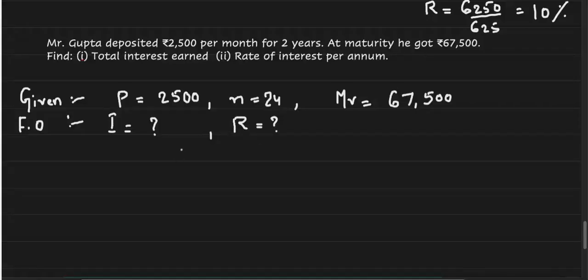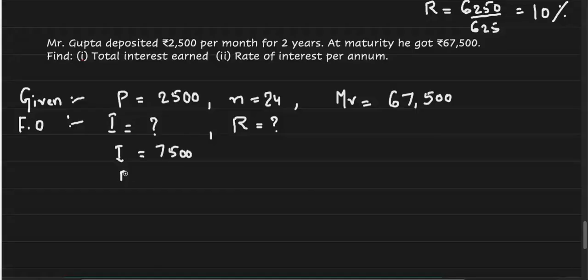Same problem, very similar to what we have done above. You can do it yourself. I'll just write the answer here. After calculating, I'll get interest as 67,500 minus 60,000, which is 7,500. 7,500 is the interest earned.